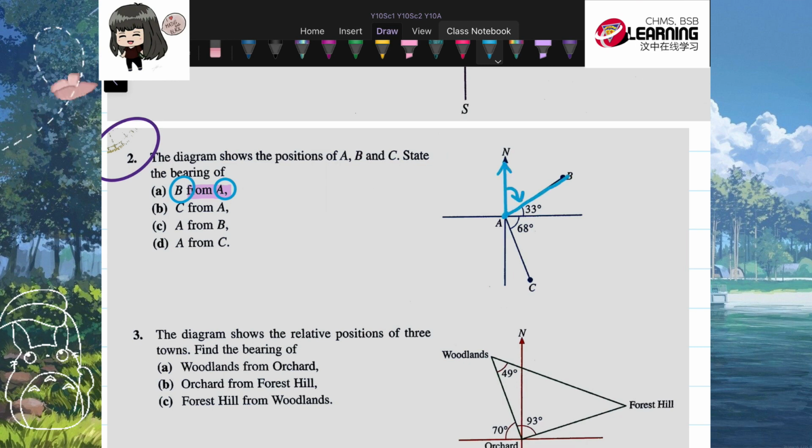So this bearing is the one that we need to find. Okay, so this angle here is 90 minus 33. Okay, because this whole thing is 90. You minus off this 33, you will get this leftover one. So 90 minus 33 is 57 degrees. And for bearing, don't forget to put 0.